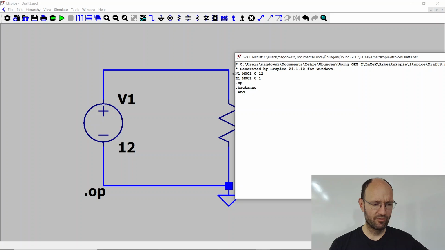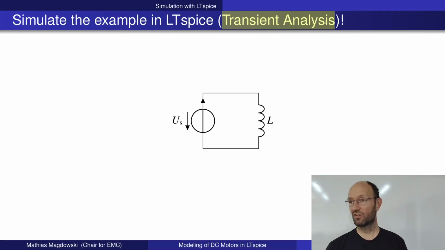So now if we take the very same circuit and go from DC operating point to transient analysis, which means we will simulate our circuit in the time domain and get the result as a function of time. This was the setting for the DC operating point.